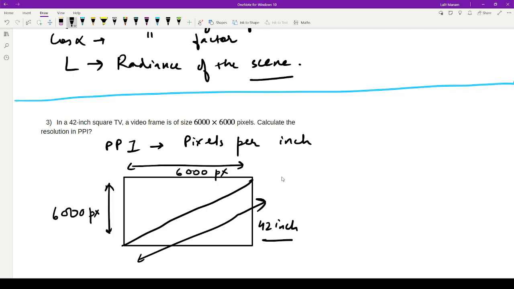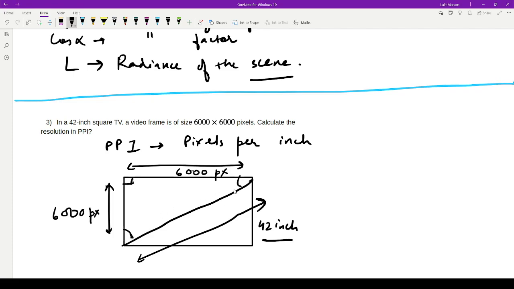Applying Pythagoras theorem? We know the diagonal, so we can find the other two lengths and multiply to get the area. Sine theta cos theta is simple here because it's a square. These are 45 degrees, and this is 90.